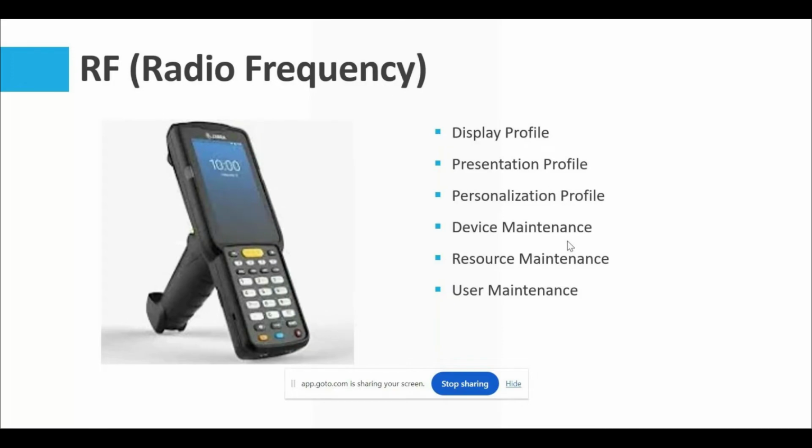We can have one profile or multiple profiles, and whether we have one device or multiple devices in the system, until we assign a display profile to the device, it doesn't know which display profile to execute. So whenever we are working with an RF application, the display profile remains at the top of the hierarchy of the configuration objects that we will be seeing. For RF, the display profile remains at the top of the hierarchy.